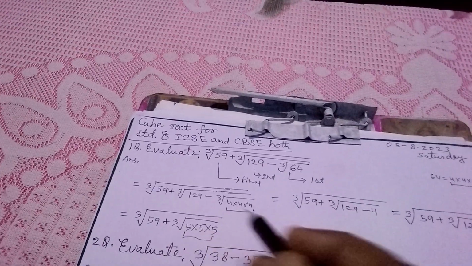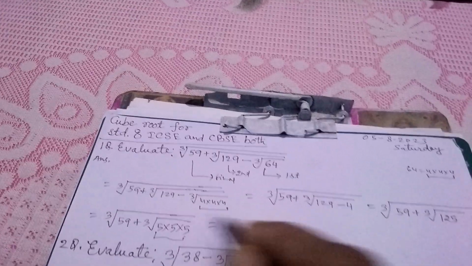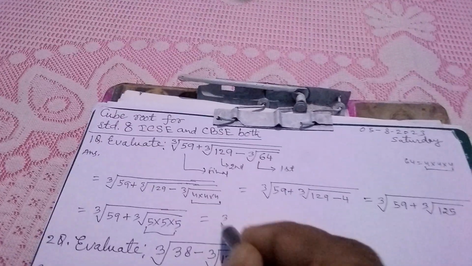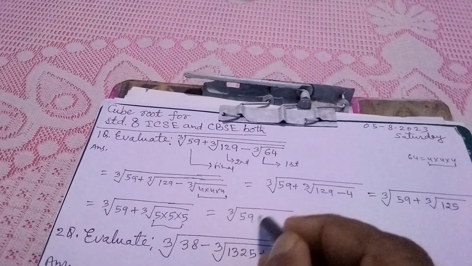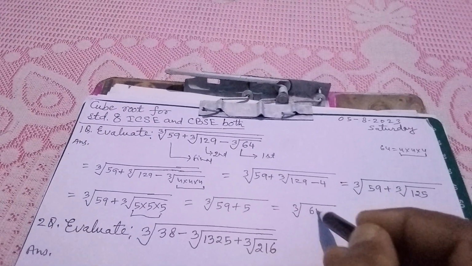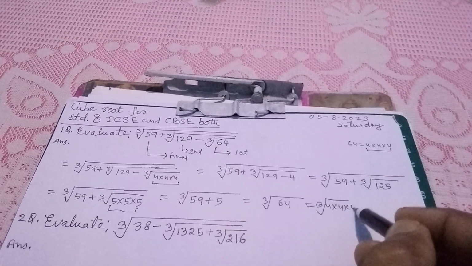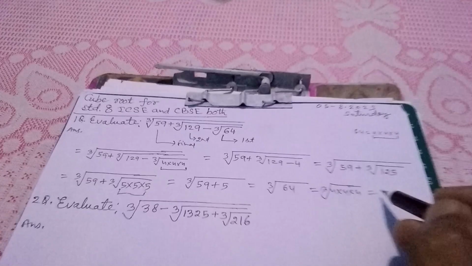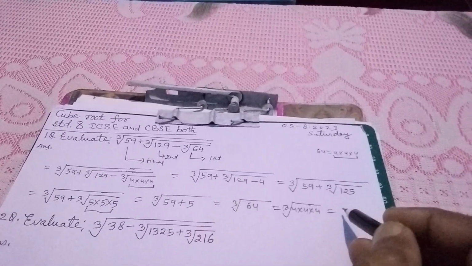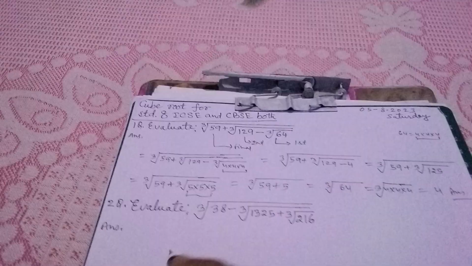Here also again three factors. For these three factors, one factor will be out, and that will be the cube root of 125. So cube root of 59 plus 5, and that is equal to cube root of 64, and that is equal to cube root of 4 into 4 into 4. For three factors, one factor will be the cube root of 64. So 4 is the answer of this.